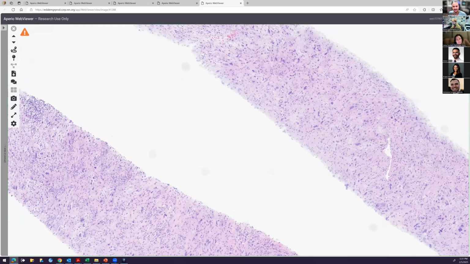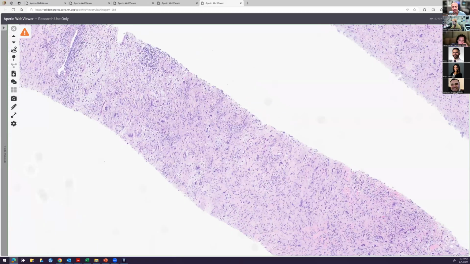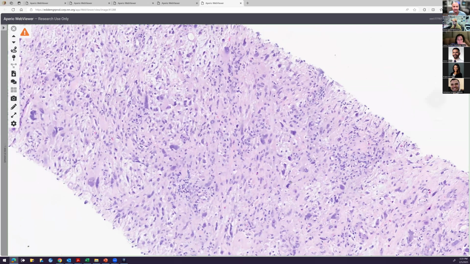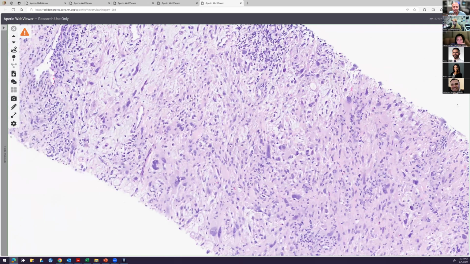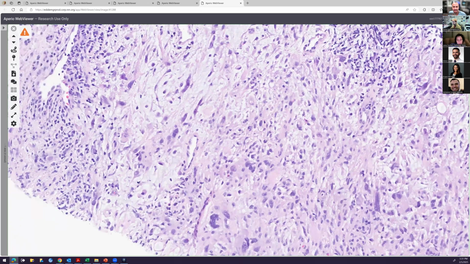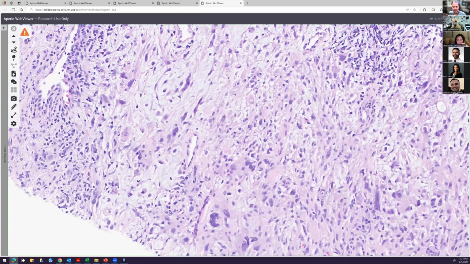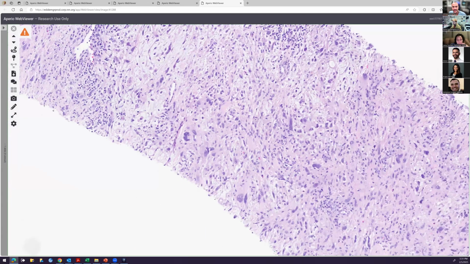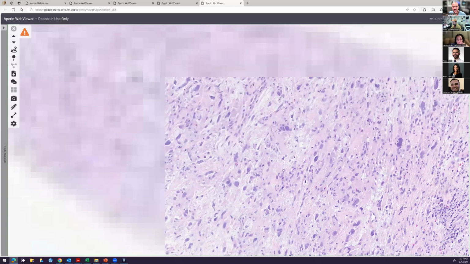This was another MIFS. I put this on here because it was an example of one that had high-grade transformation. It has this myxoid background that's very inflamed, and a couple of areas that look like virus-like nucleoli, but it ended up having quite a lot of mitotic activity.